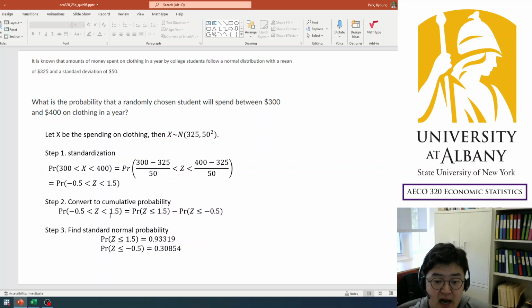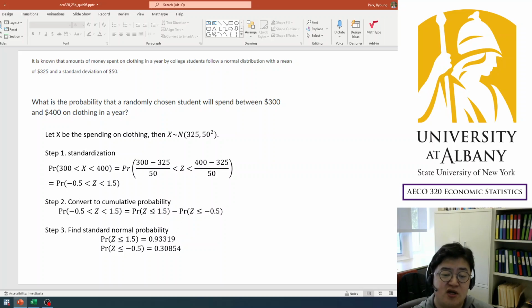Here there is no equality, but I included equality here because technically cumulative probability is defined in this way, but it doesn't matter to include one point or not. So I changed the inequality like this. But when the distribution is continuous, it does not matter.